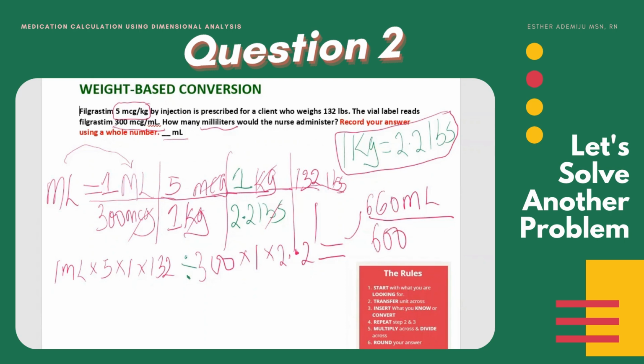So 660 divided by 660, you should have your final answer as 1 milliliter. And this is already in a whole number because that's the final step, rounding your answer. It's already in a whole number, and we're going to go ahead and stop right there.